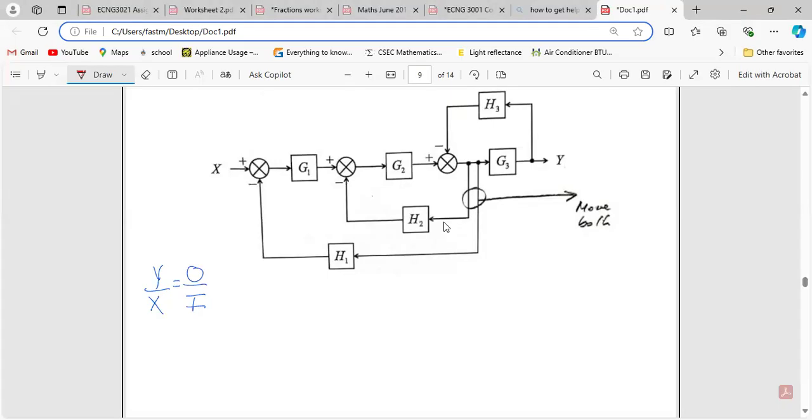So something to remember, you have a feedback, say positive feedback and negative feedback. So the equation for positive feedback will look something like this.